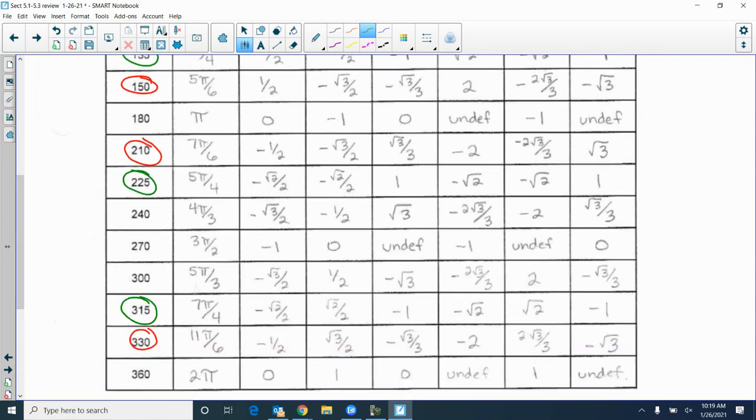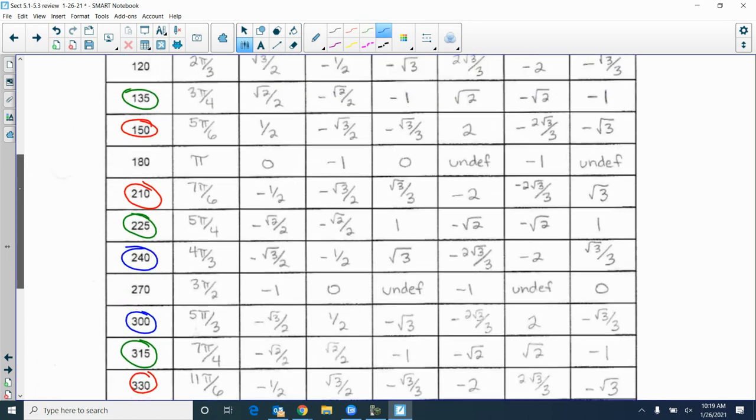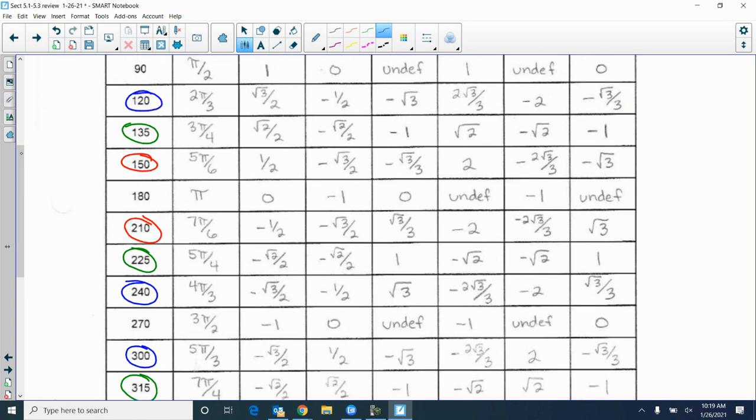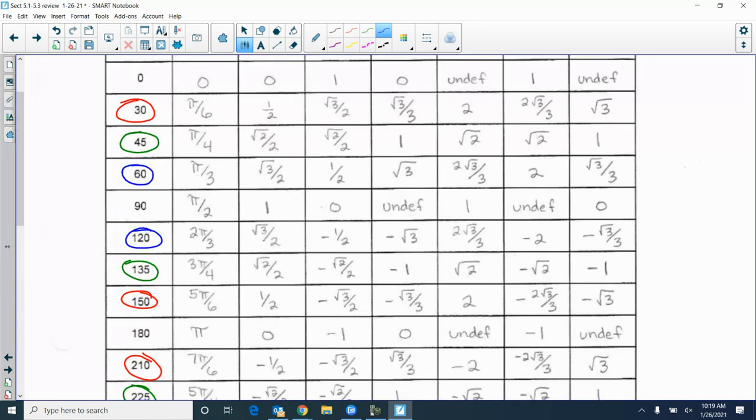Those are all going to be the same. And then you get the 60 degrees, which are going to be 300, 240, 120, and 60. The 90 and the 180 are not going to be the same, but there are some characteristics we said. They're going to have 2 zeros, 2 undefineds, and either two positive ones or two negative ones. Those are always going to be the same.